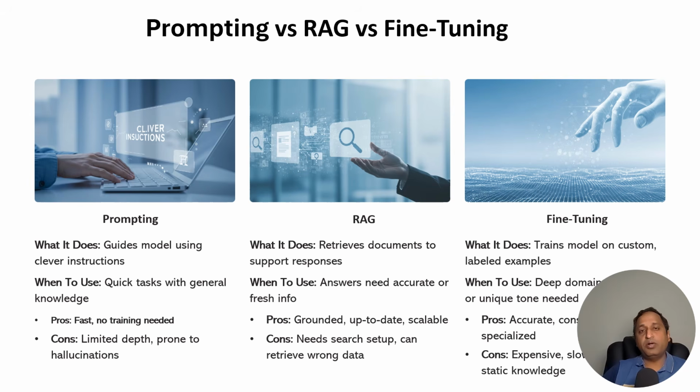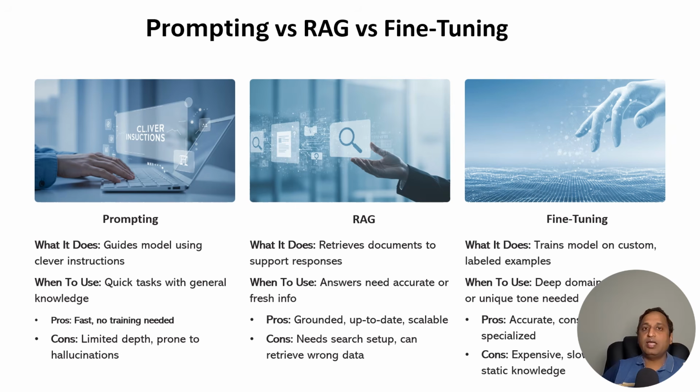So what we do in RAG is take domain data which is very specific to your organization's needs, chunk it, and store it in a vector database. Then when a user asks a question, we do a semantic search. That is, we retrieve the chunks of data which are relevant to this particular user question, and then pass them as context to the LLM along with the prompt, so that the LLM can answer the question.